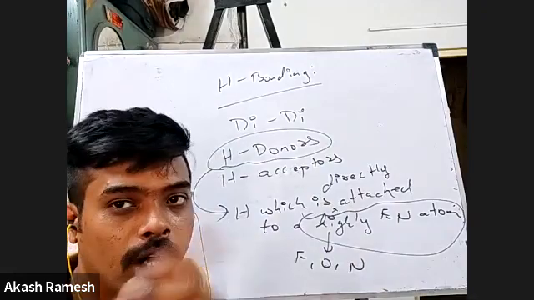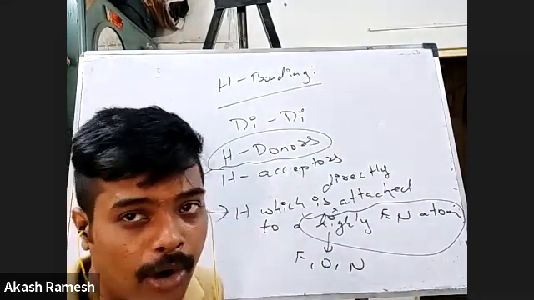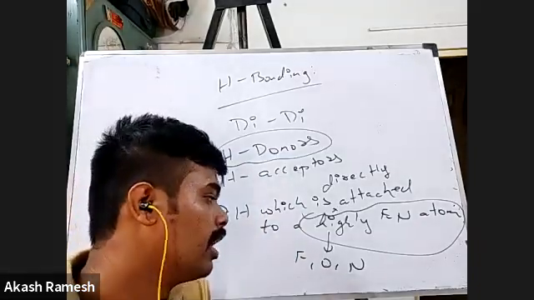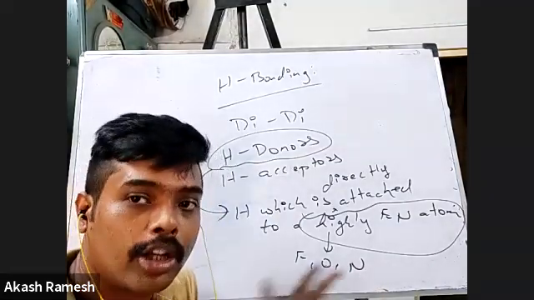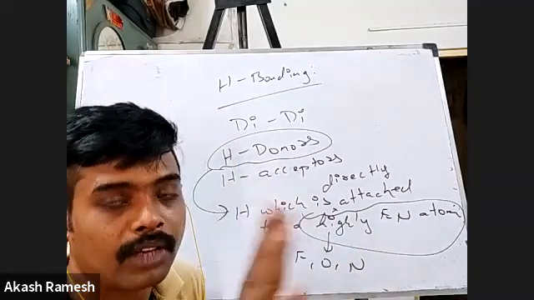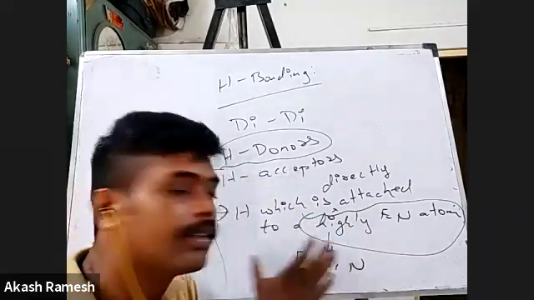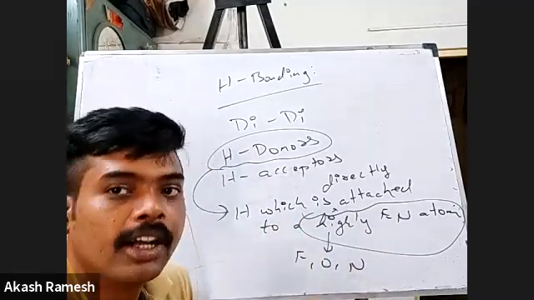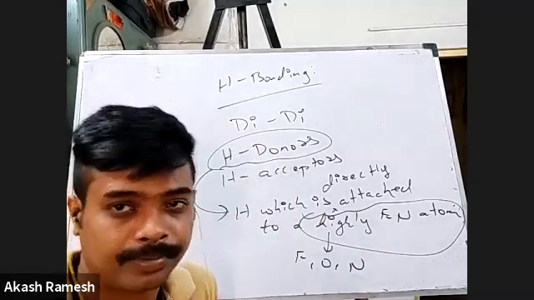Same way in H2O, I have a direct OH bond, and in HF there is a direct HF bond. So all these types of molecules where you have a hydrogen atom directly attached to any of these three, only and only this. If you see Cl and H, no. If you see some SH bond, no. But if you have any of these three, FH or OH or NH bond, those kind of things can act as hydrogen donors.